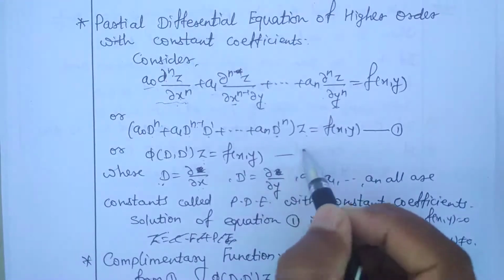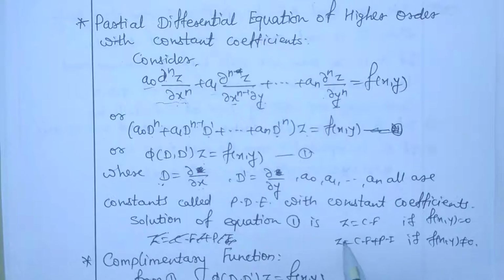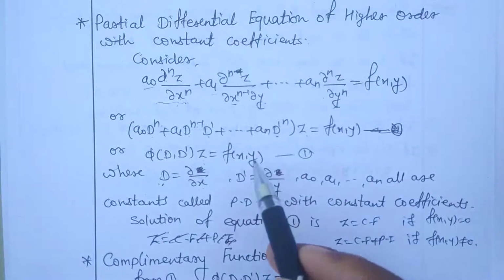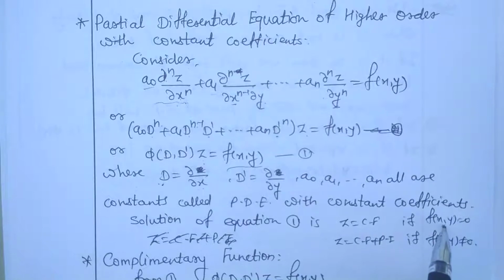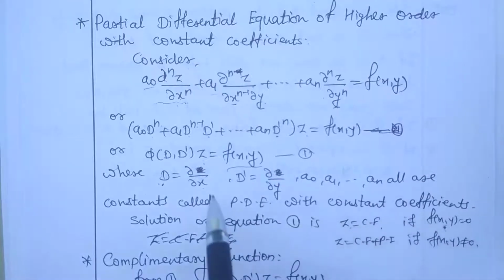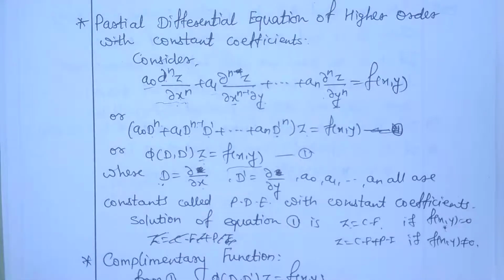And the solution of this equation number 1 is given as follows. If the value of f(x,y), the right hand side, is 0, then the solution of this differential equation is nothing but z equals CF, because z is the dependent variable in this differential equation.